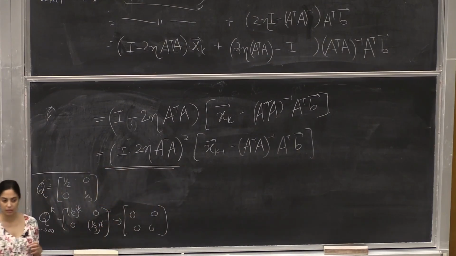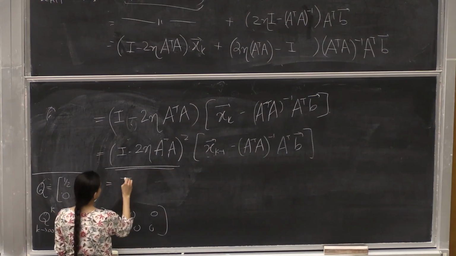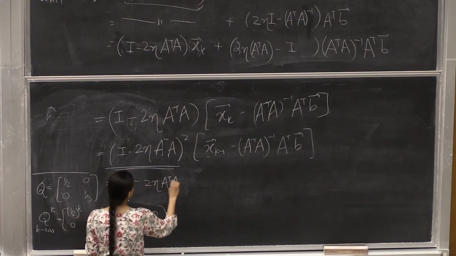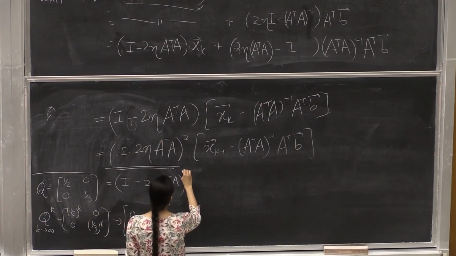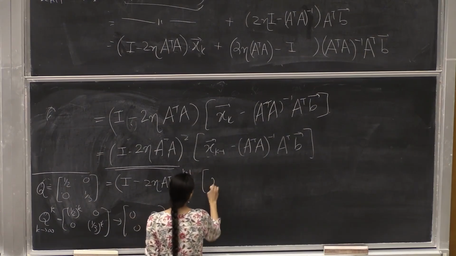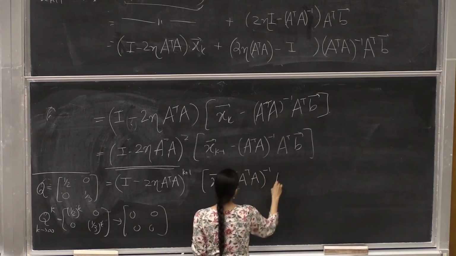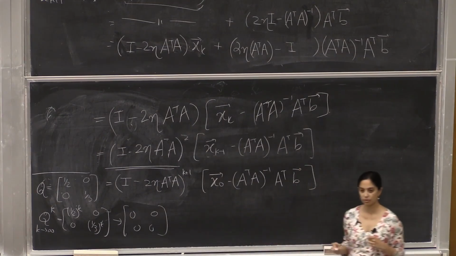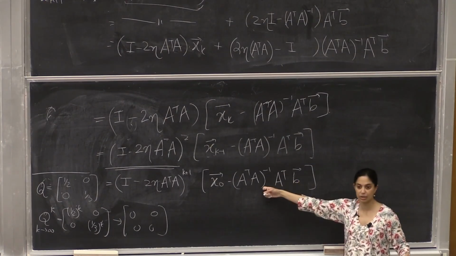So as k goes to infinity, now I did this for k minus 1. I can further write this, I can keep writing this. I can write I minus 2 eta A transpose A to the k plus 1 times x naught minus A transpose A inverse A transpose B. Right, I just keep doing this one by one by one, and I go all the way to my initial condition.